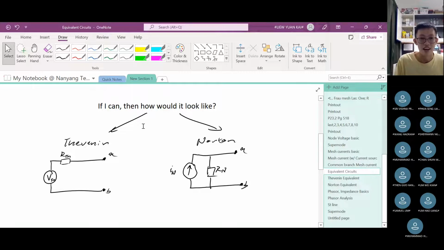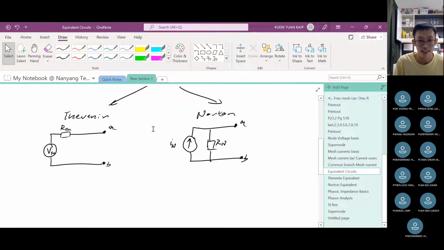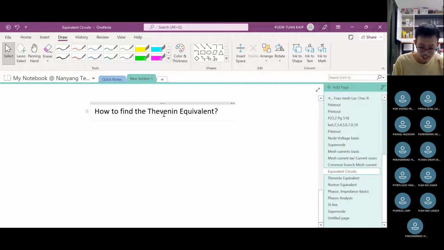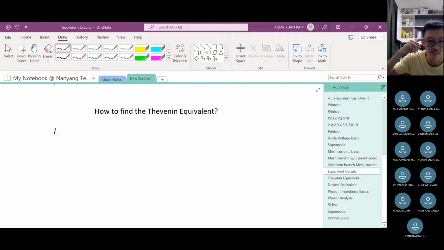Okay, that's it. Now, having said that, the next question is how to find first the Thevenin equivalent. So this is the important part that you should note down. If it helps you, please jot down these steps in your lecture notes or wherever, and put it in your memory.